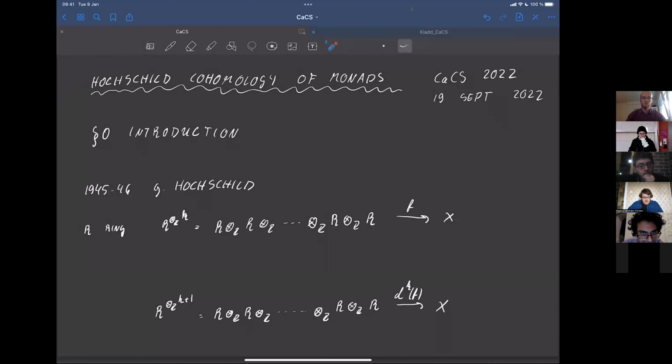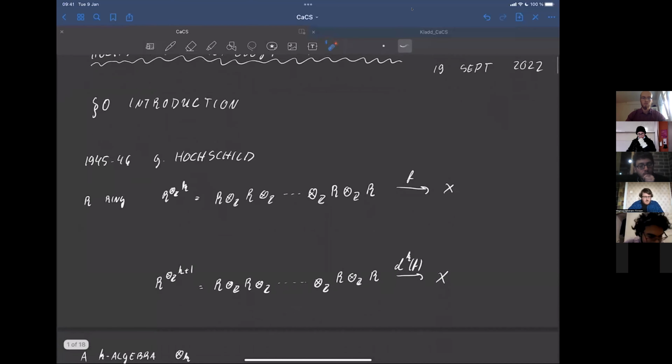So let's recall this theory of Hochschild. There were two papers in 1945 and 1946 that initiated this cohomology theory of algebras.